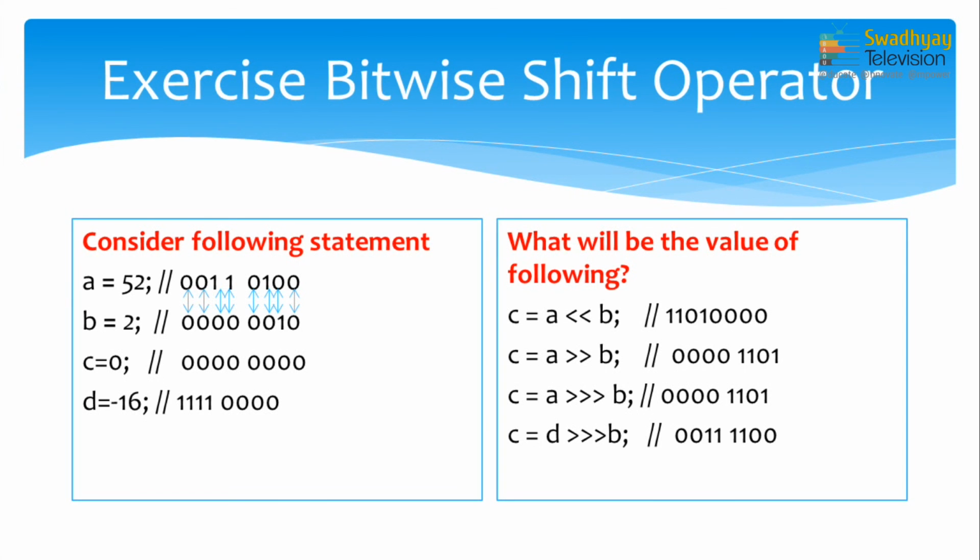Here we have D initialized to minus 16, whose binary equivalent is shown in the comment. It will shift all the bits by 2. Now the most significant bit is initialized to 0, so my value becomes positive. This is the only difference between the two forms of bitwise shift right.